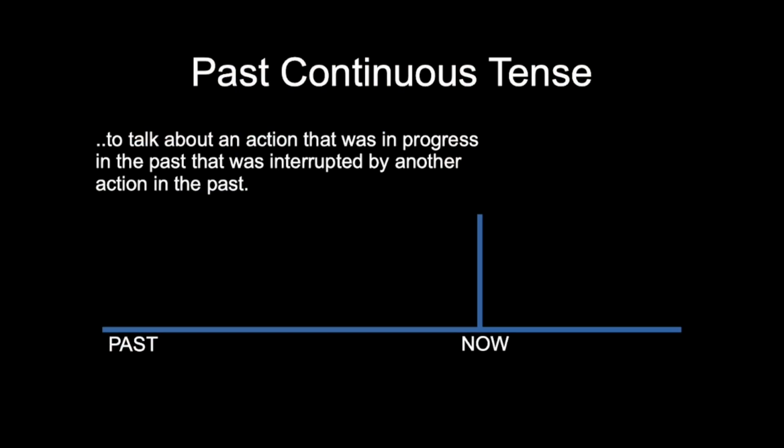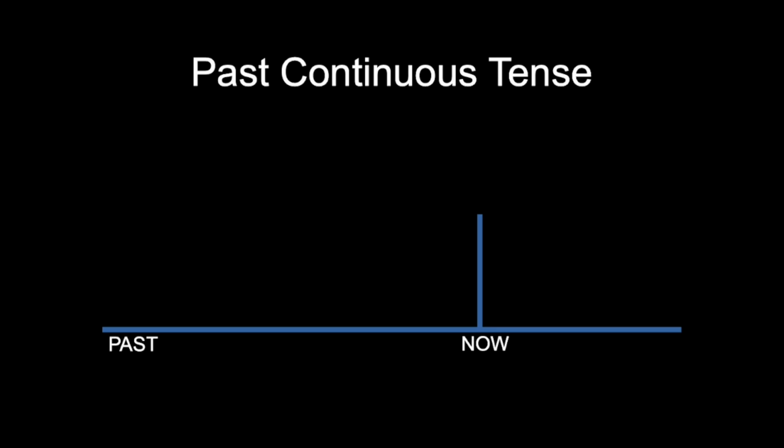The past continuous is also very frequently used simultaneously with the past simple tense to talk about two past actions that took place at the same time, when one action was in progress, when the other action interrupted it. Let's take a look at the example we saw earlier. I watched the game and you called.